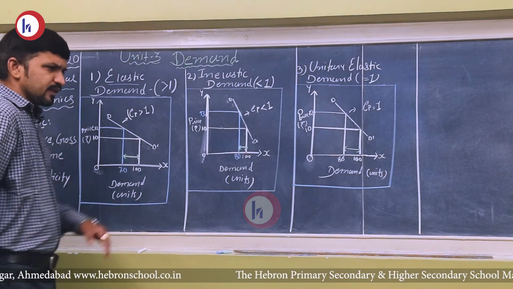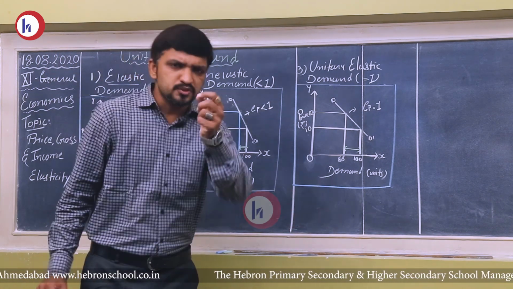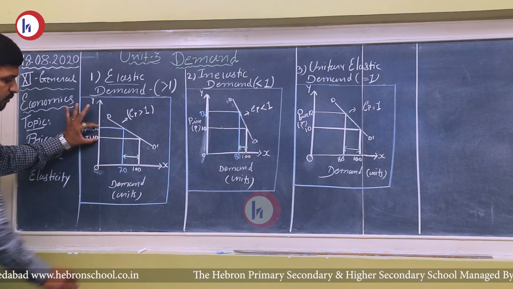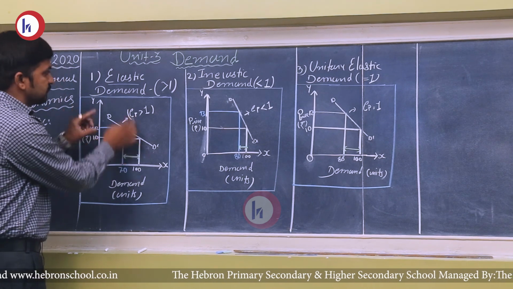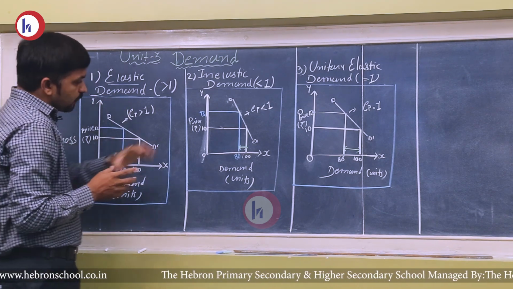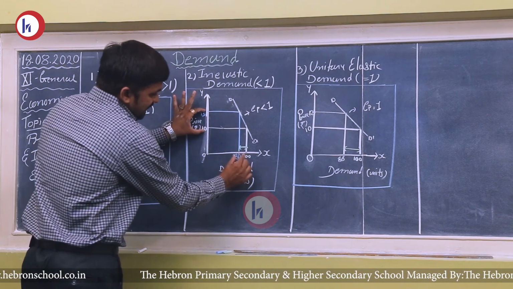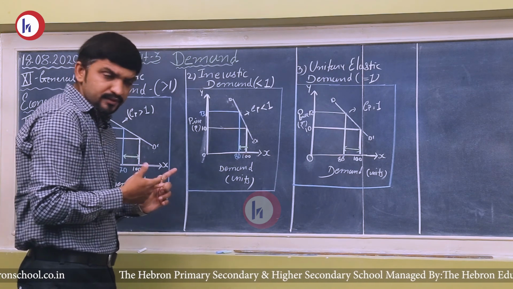Even though the meaning is given in the previous video, once more: when percentage change in price of the commodity brings more proportionate percentage change in demand, it is elastic demand. When it brings less proportionate percentage change in demand, it is inelastic demand.